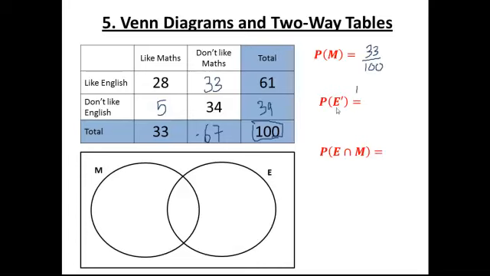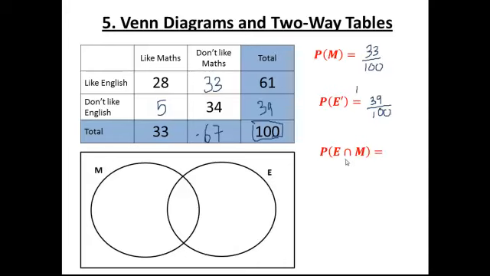Now this here, because we've got the E with the dash on the top, that's the number of people who don't like English. So we've got 5 and 34, so 39 people don't like English. So the probability someone doesn't like English is 39 out of 100.